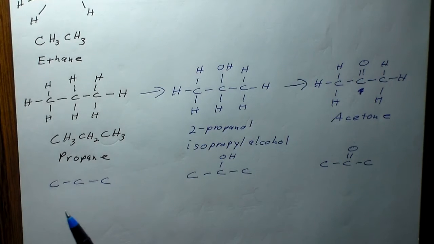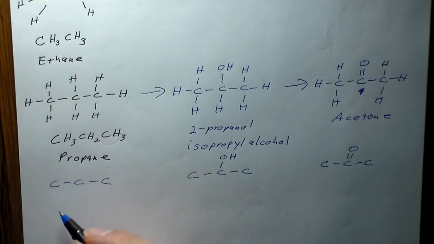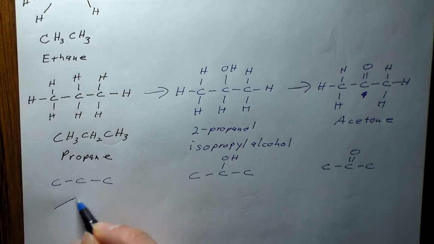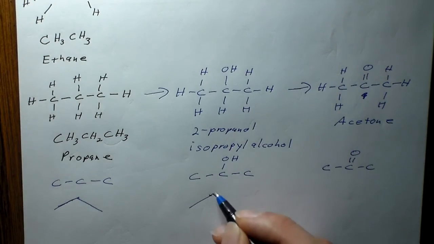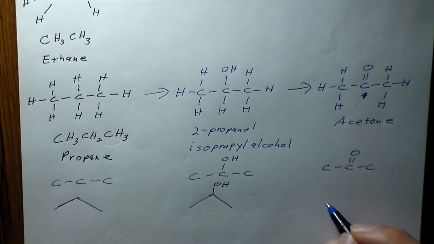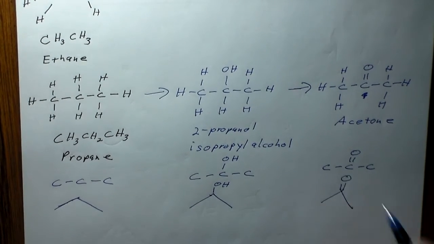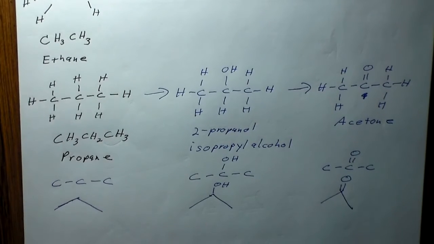Again, drawing all these little carbons out can get tedious, so they simplify even further. They just make little lines like this, and that's equivalent to that. We can also write the isopropyl alcohol as something like this, with the OH, and then for the acetone, go like this with the double bonded oxygen like that. So again, these are another equivalent way of writing that.